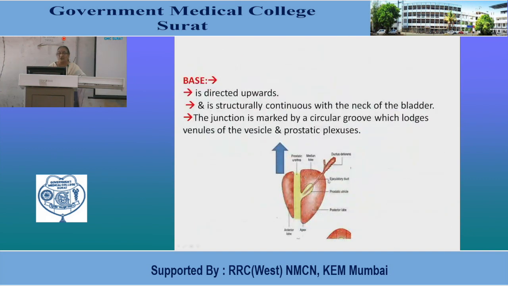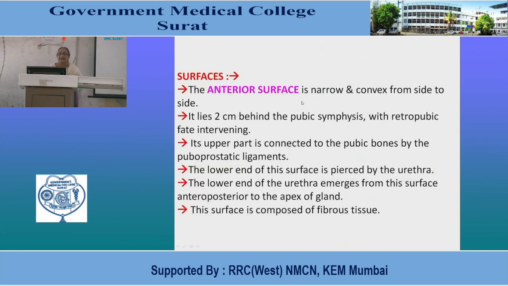So this is the base of the prostate gland directed upward, structurally continuous with the nape of the bladder, and the junction is marked by the circular groove which lodges the venules of the vesicle and the prostatic plexuses.